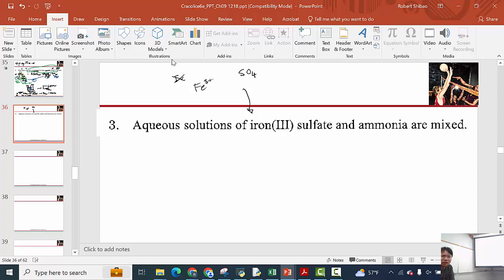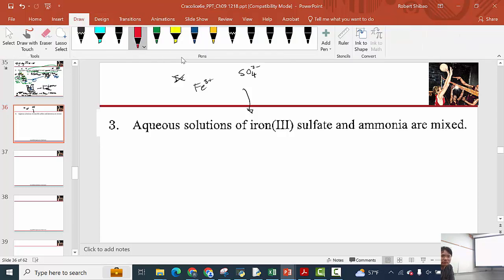SO4 2 minus. And so we could do this trick with the charges, that is, we'll just use the charges for the subscripts here. And so the correct formula will be Fe2(SO4)3.